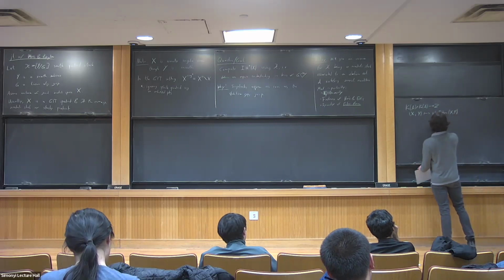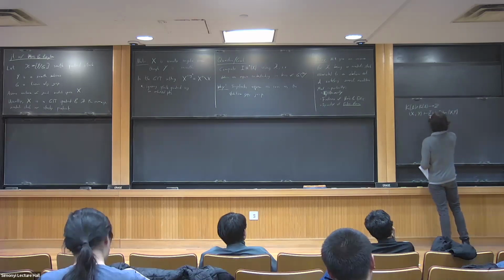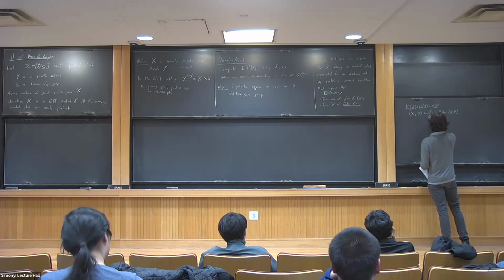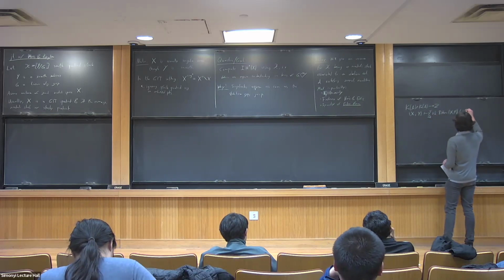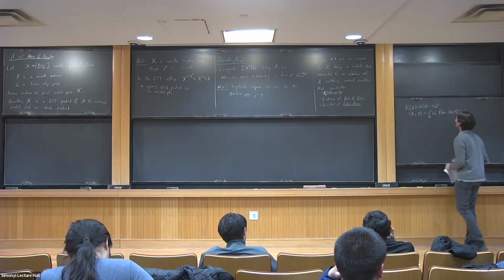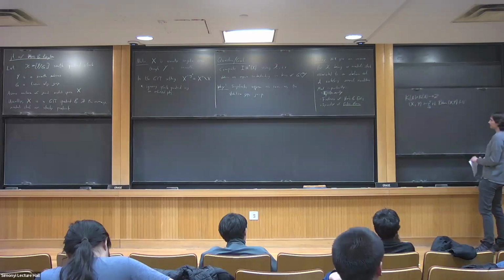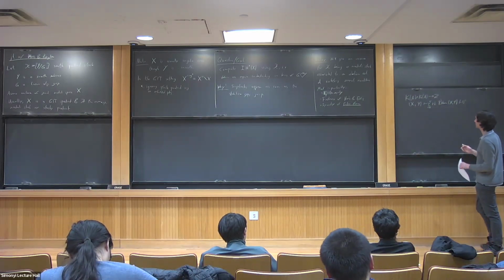So let me make this more explicit. Right, so something like that. So that's the Euler form. We want it to be symmetric.